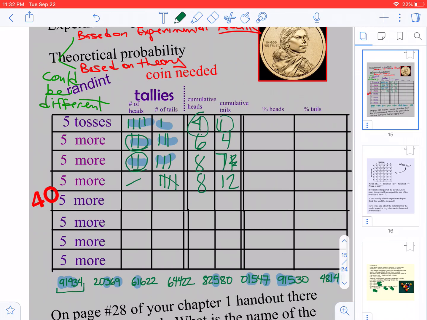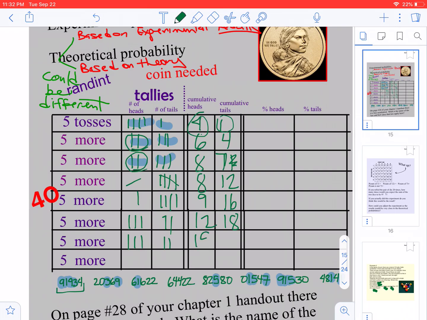And I look at the next set, and that would be 1 and 4. So I'd have 9 and 16. And then we have 3 and 2. And so that would be 12 and 18. And then another 3 and 2.